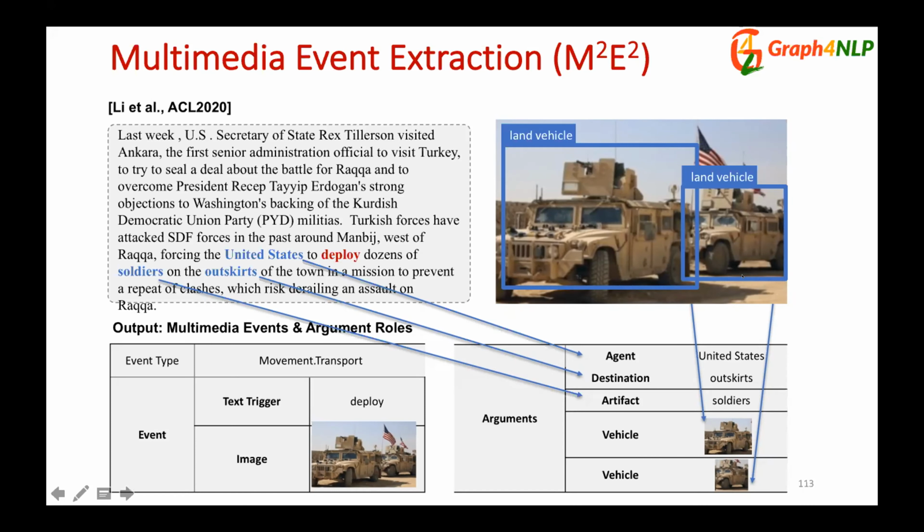For example, this picture shows a movement event, and we can see this object playing a role as a vehicle or instrument or artifact in this movement event. To represent this more precisely, we can leverage a semantic graph to capture the situation of this image, and then align that semantic graph with what we can extract from the text side.